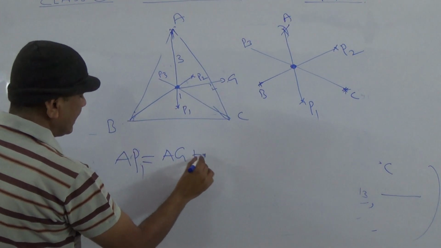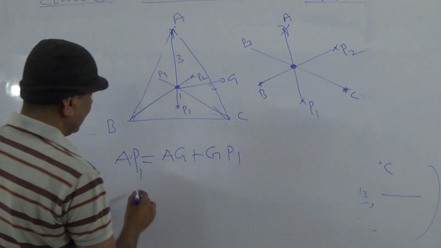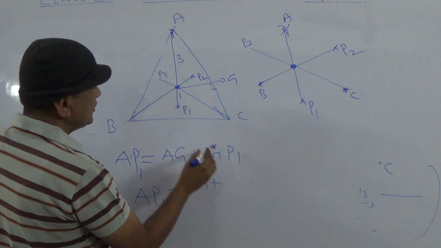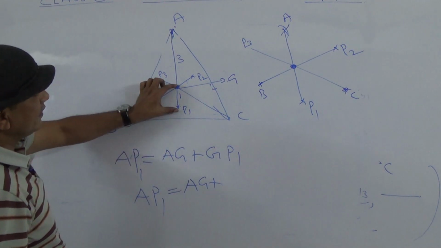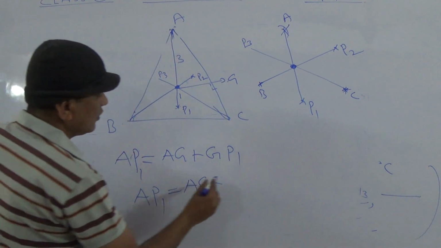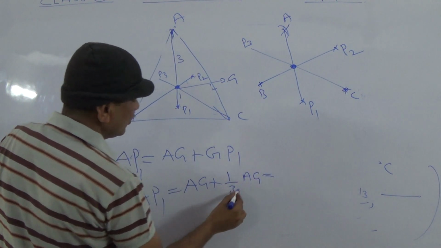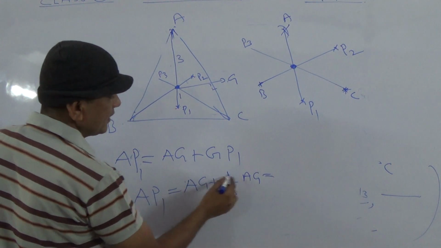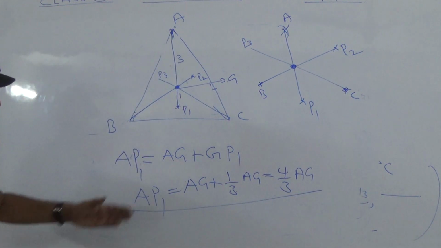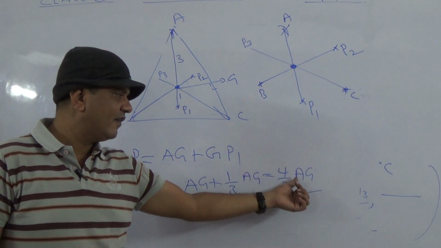This length GP1 is 1 unit, and it is 1/3 of AG. So AP1 is equal to AG plus 1/3 of AG, that is 3 plus 1, 4/3 of AG, which is very, very important. AP1 is equal to 4/3 of AG, the distance between vertex A and G.